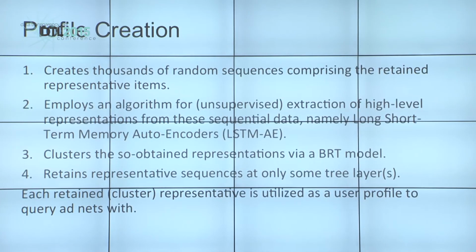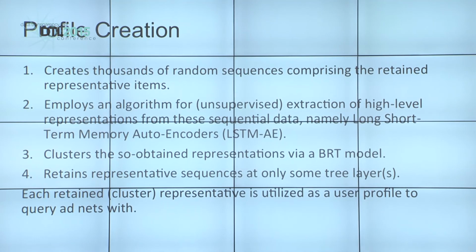Now, after that, we need to create sequences of websites that hypothetical users have visited. And we want to do that in a way that is as diverse as possible, so that we can have profiles that represent different combinations of user interests.